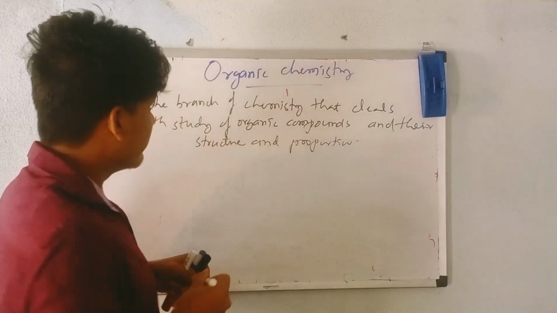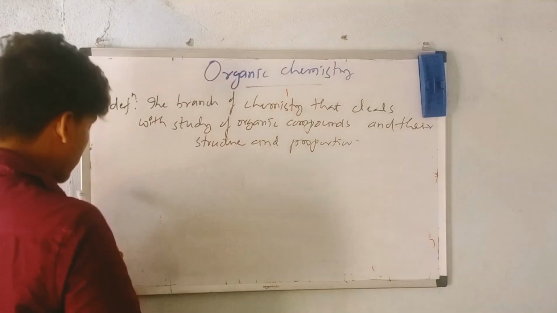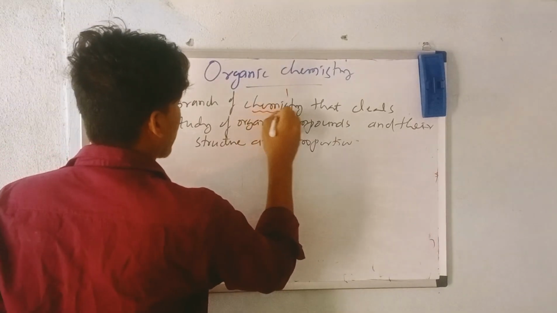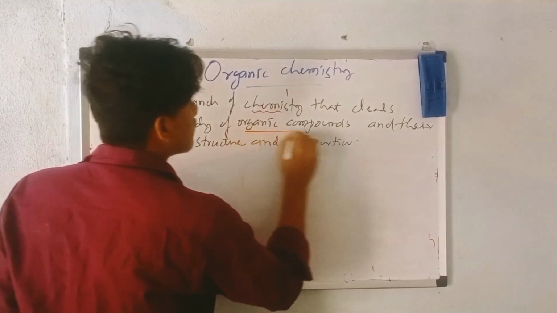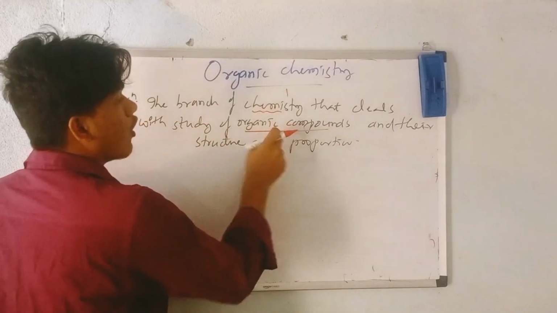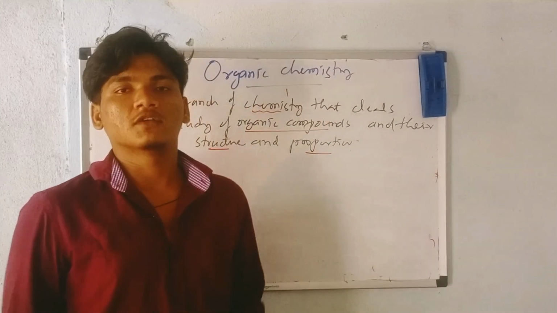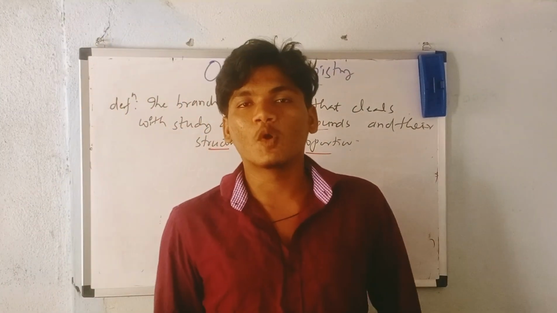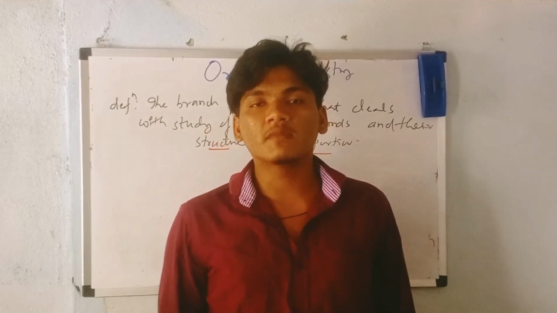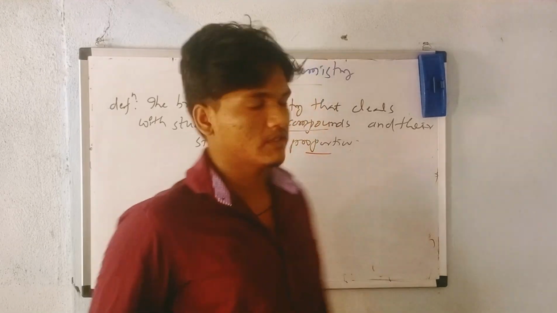So see here the definition. It is a branch of chemistry that deals with organic compounds, their structure and properties. What is meant by organic compounds here? Organic compounds are the compounds having carbon element.